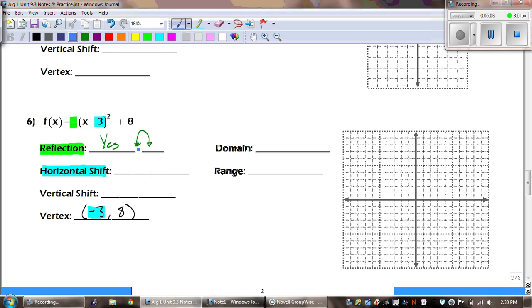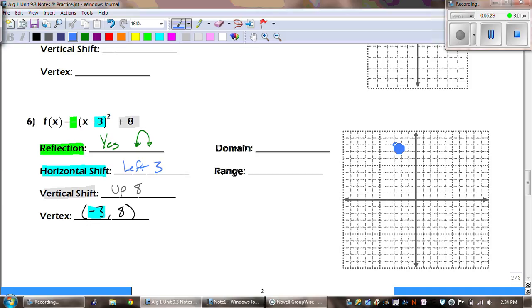This is telling us that we need to go left 3. Okay, and then the last one, the vertical shift, that's telling us that we are going to go up 8. So my vertical shift, or horizontal, I go left 3, up 8.